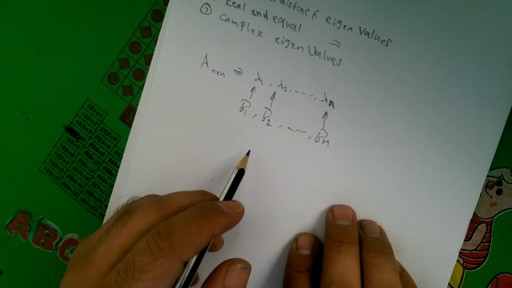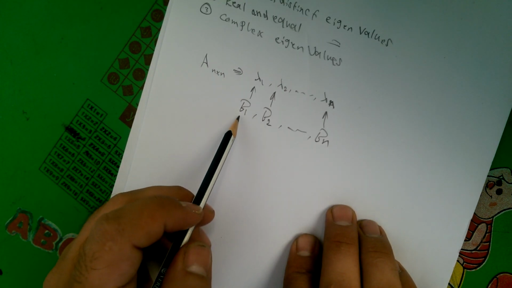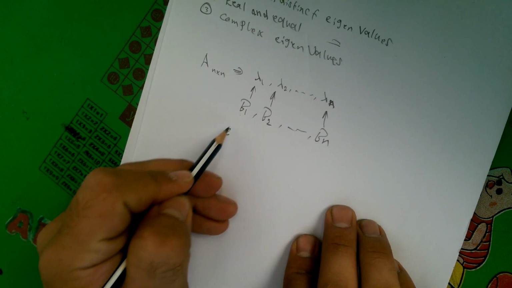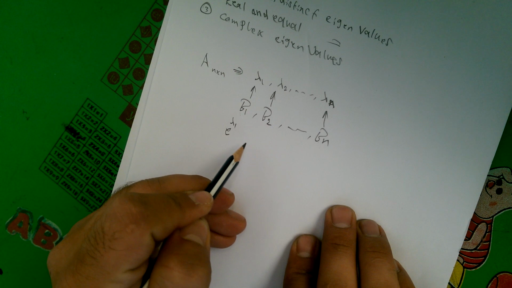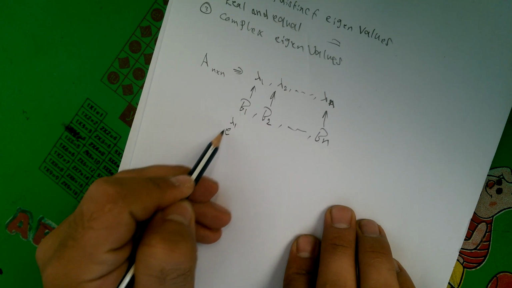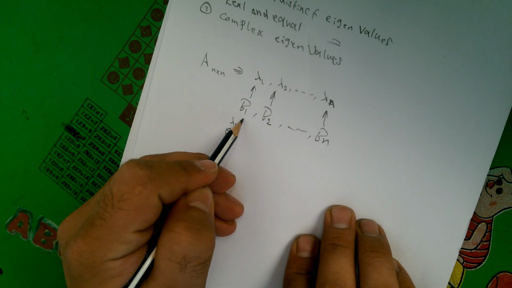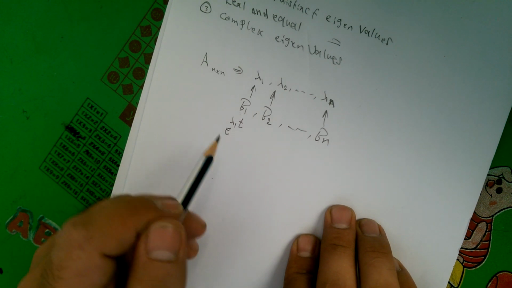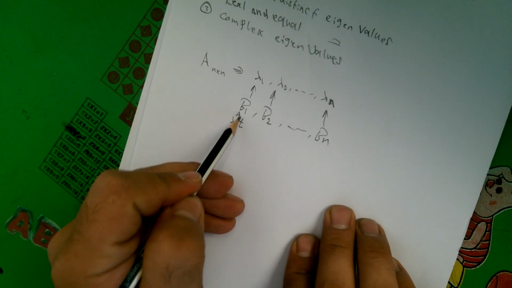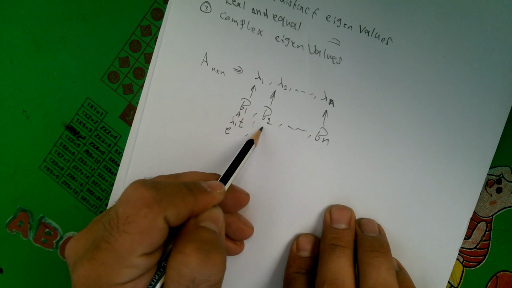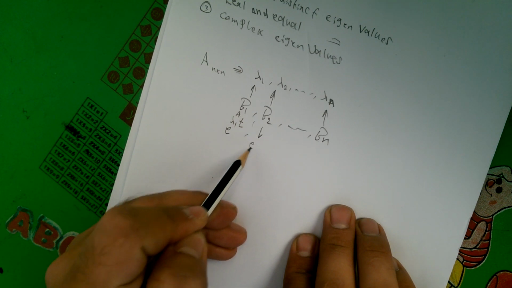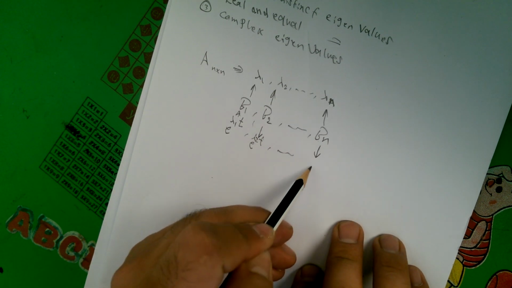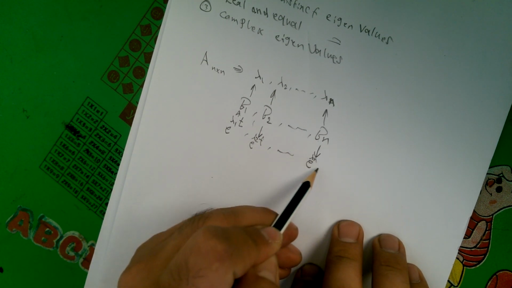So we have to multiply each eigenvector by e to the power of the corresponding eigenvalue times t, or any variable that we haven't used in the system. So this will be e to the power lambda 1 t, e to the power lambda 2 t till e to the power lambda n t.